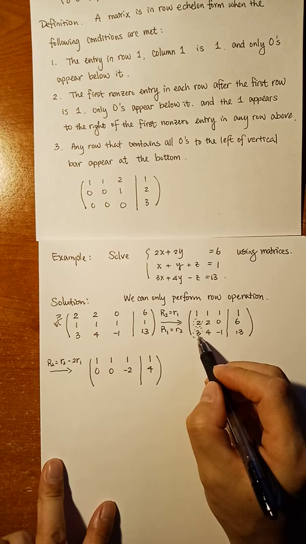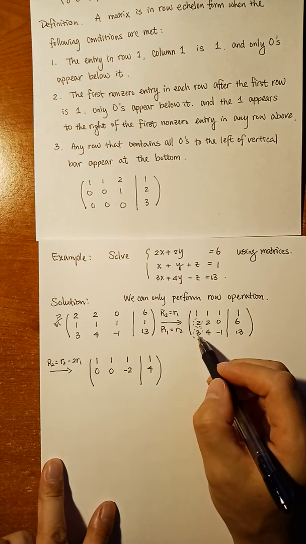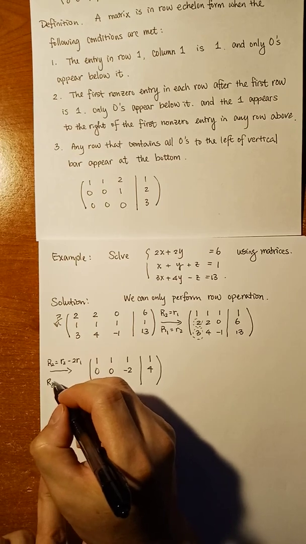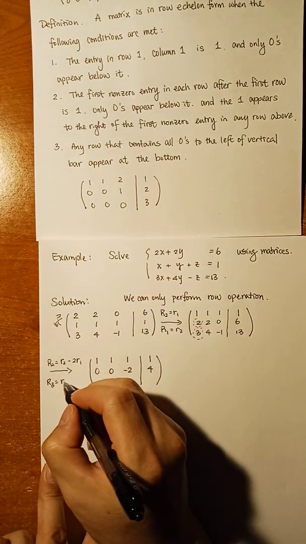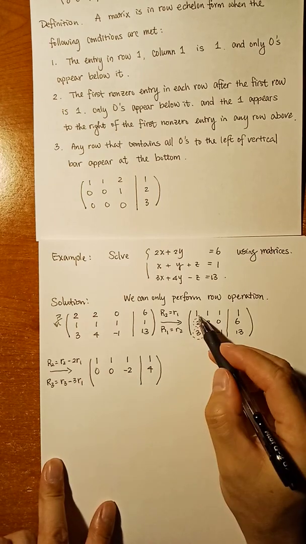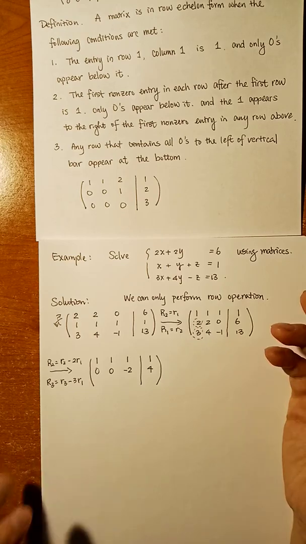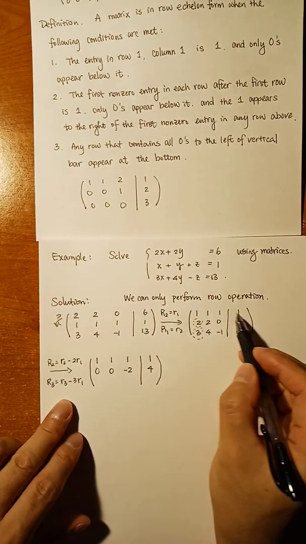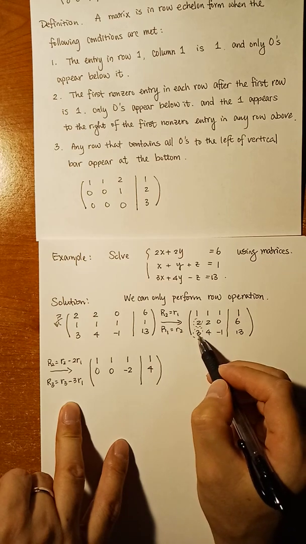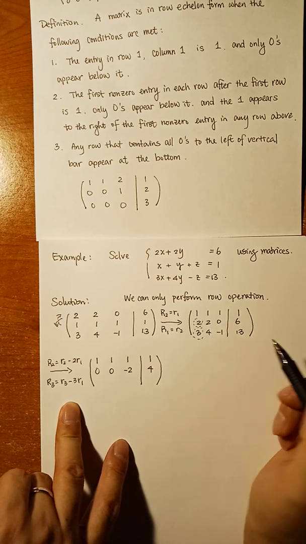For row 3, we also want to make this number 3 into 0. How do we do that? We get a new row 3 as the original row 3 minus 3 times R1. So 3 minus 3 times 1 is 0, right? So we multiply the first row by 3, you will get 3, 3, 3, and you use 3, 4, negative 1, 13 to subtract it.